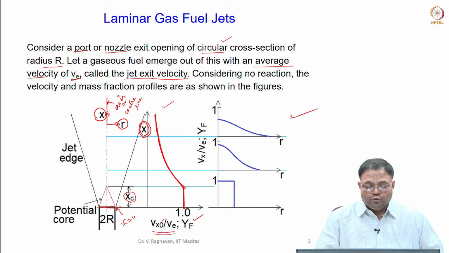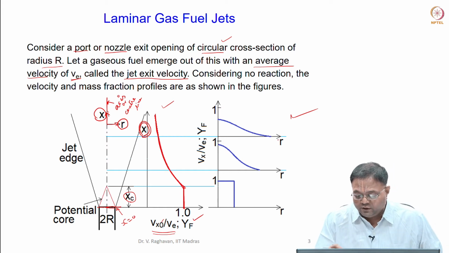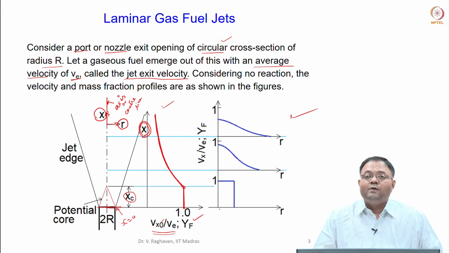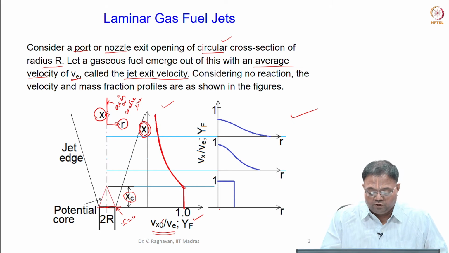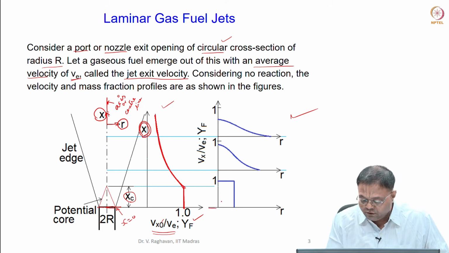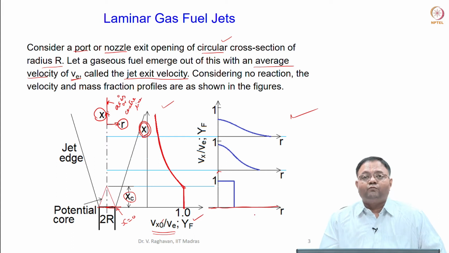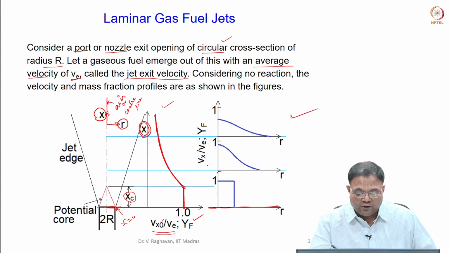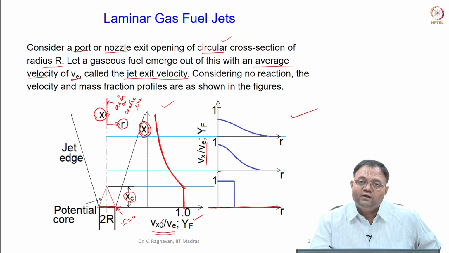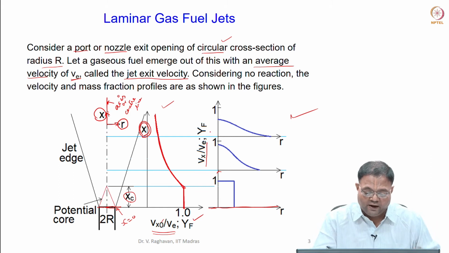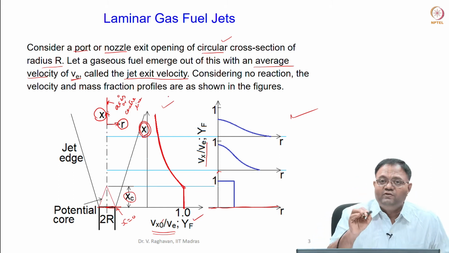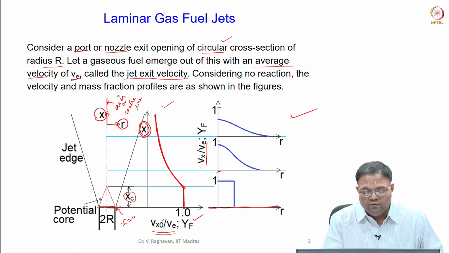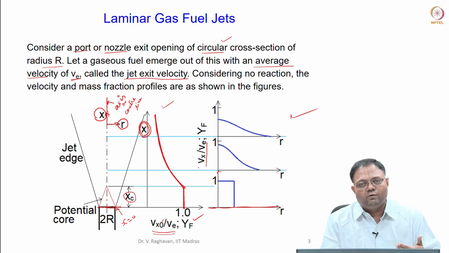Then, shown on the right-hand side are the radial profiles at axial positions. For example, this first graph is the radial profile of the same quantities, Vx by Ve. The axial velocity component is Vx, and the radial velocity component will be Vr. We are not touching that now. The axial component of the velocity will be very predominant compared to the radial component.